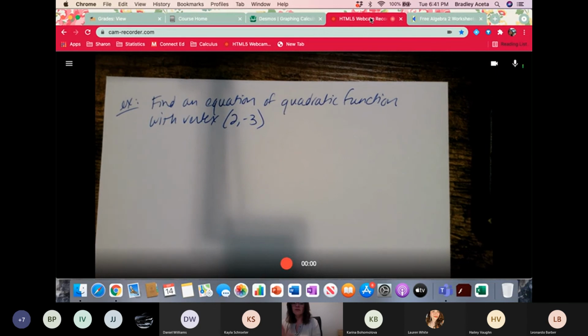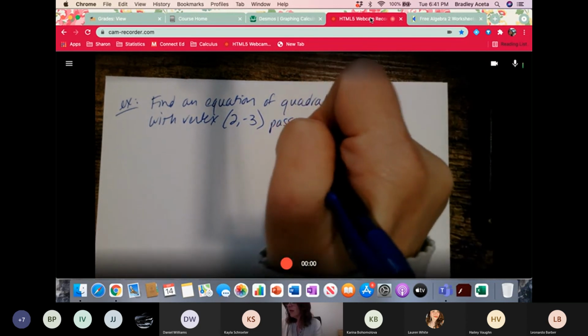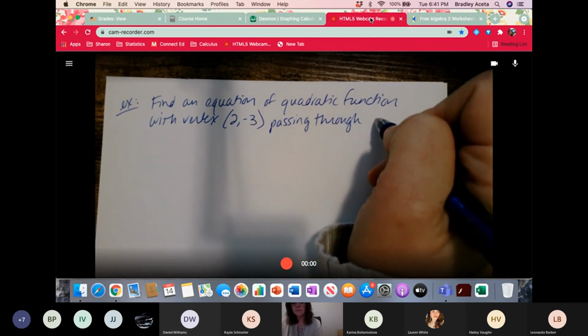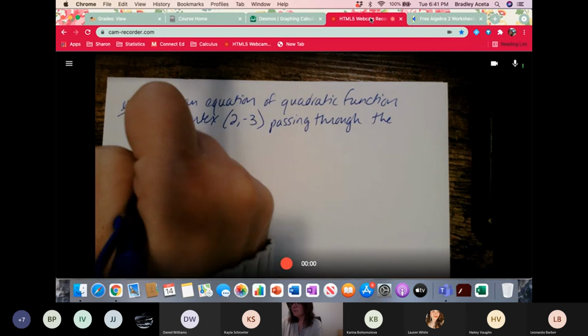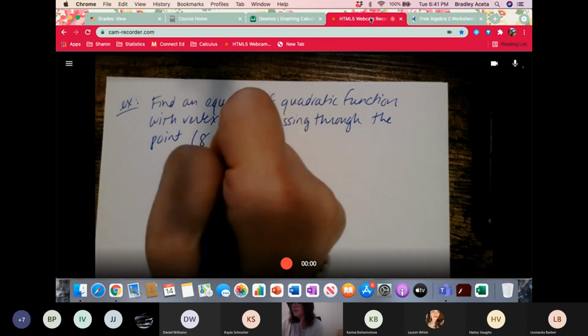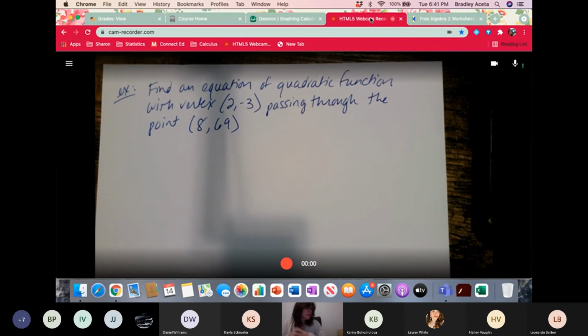So they're giving me the vertex, but it's passing through the point 8, 69. Find an equation of a quadratic function with a vertex of 2, -3 passing through the point 8, 69.